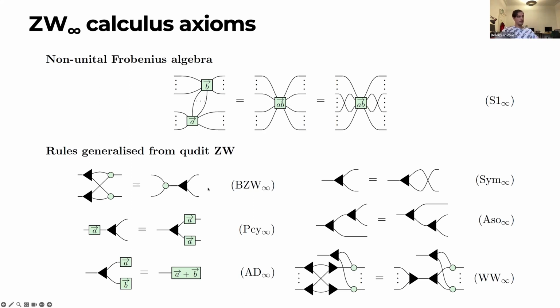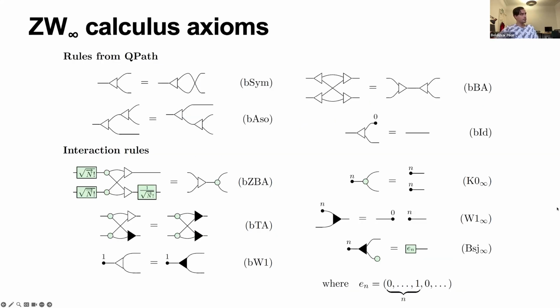We have some algebra between the W node and the Z node, and then the W is symmetric and associative, and there are some other things. I don't really want to go into detail here. It's well explained in our paper if you are interested in the detailed explanation.